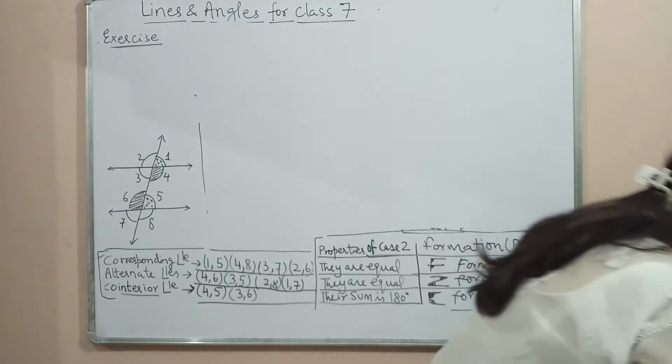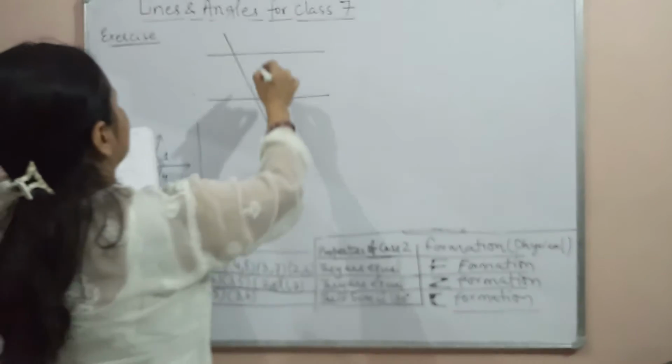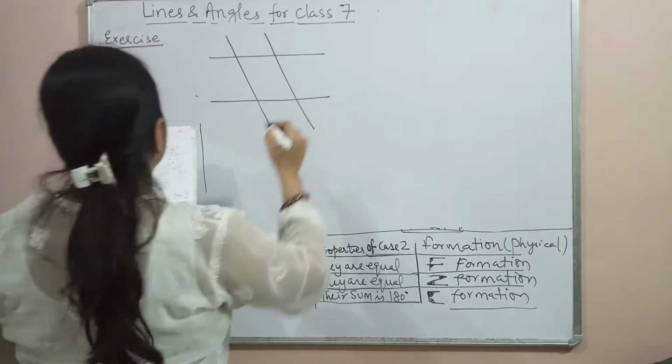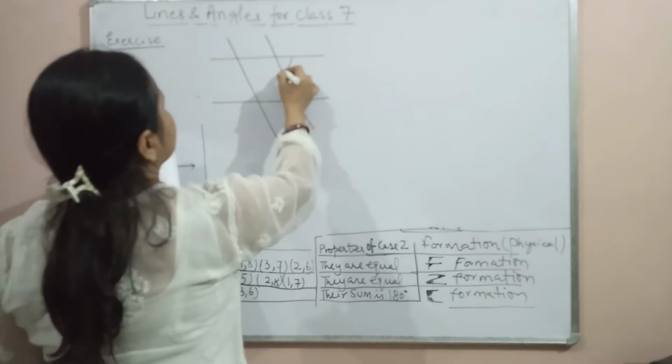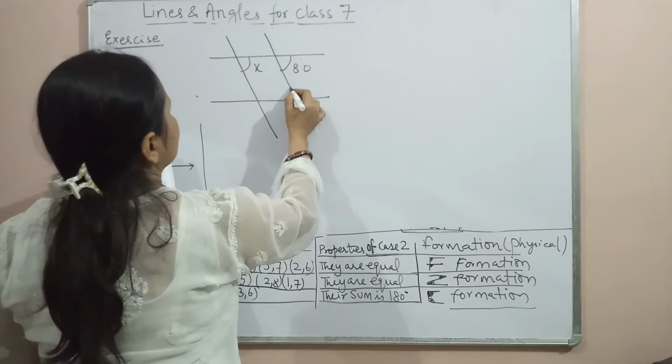Now our next question is, we have these two parallel lines cut by this transversal. Again the same type of question. Here this is 80 degree, this is x, this is y.